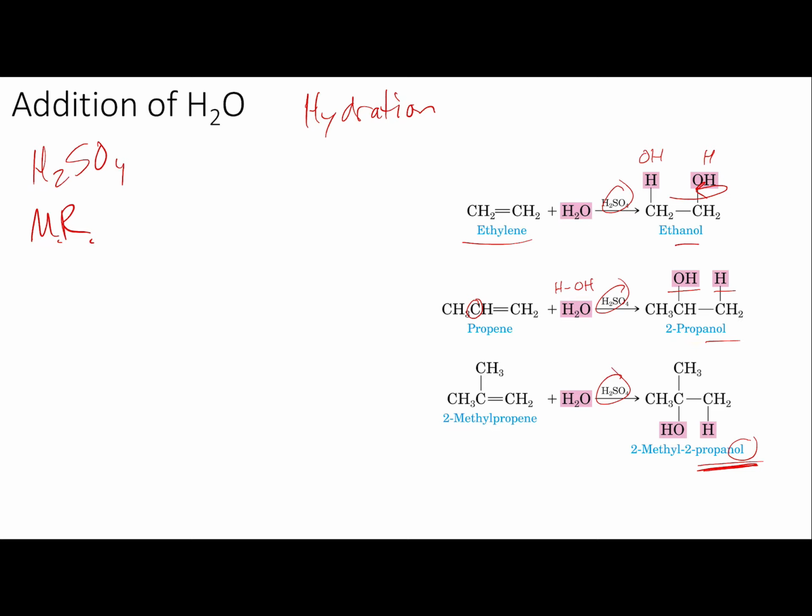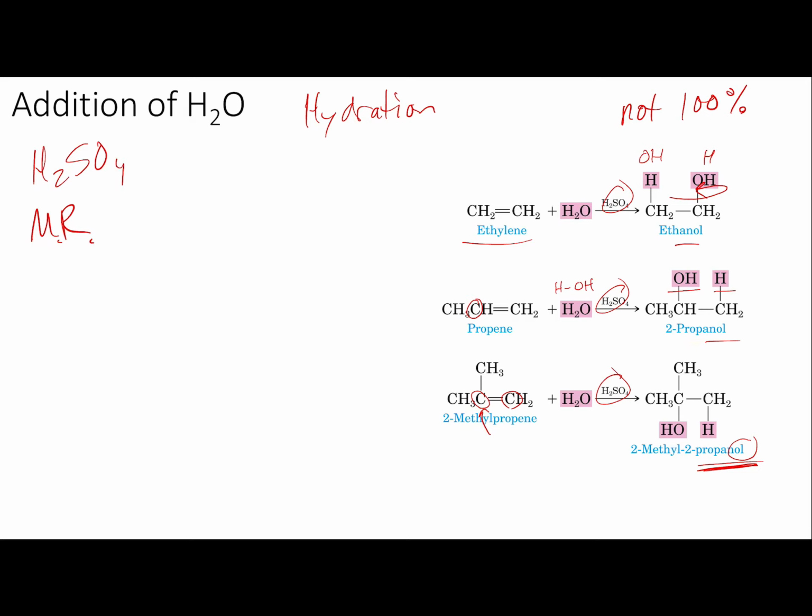And again, let's take a look at this 2-methylpropene. The most substituted carbon out of this one and this one is, of course, the middle one, and so that's where the OH goes. Now, don't take this to mean that 100% of the products are going to be this. No, that's not the case. Markovnikov's rule predicts what we're going to get a majority of. In some cases, it's an 80% to 20% majority.